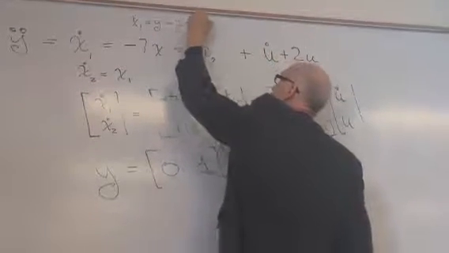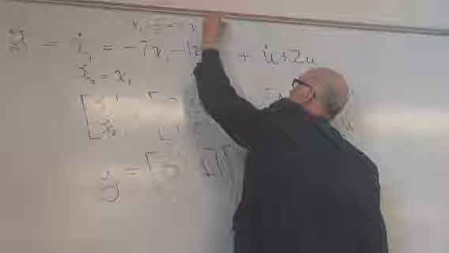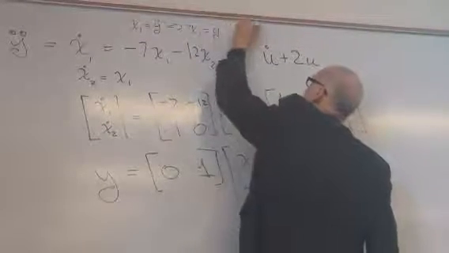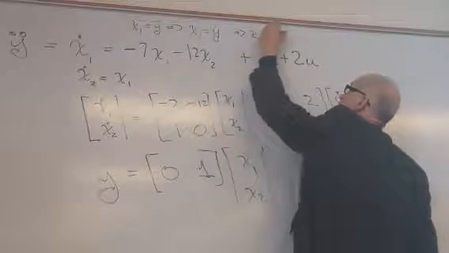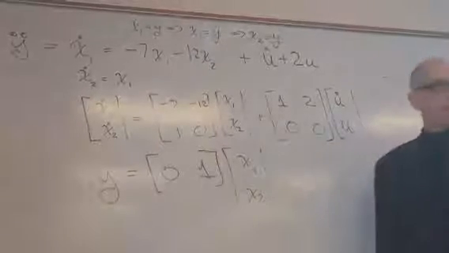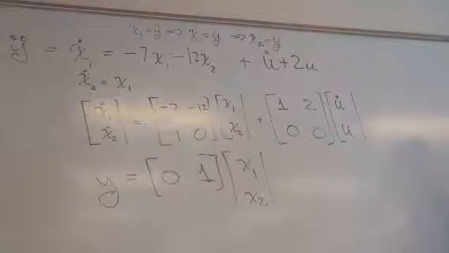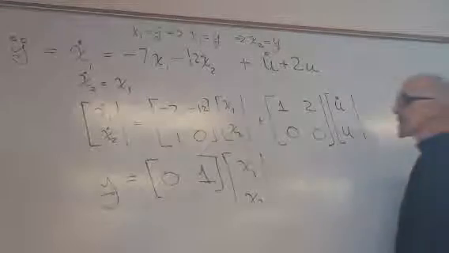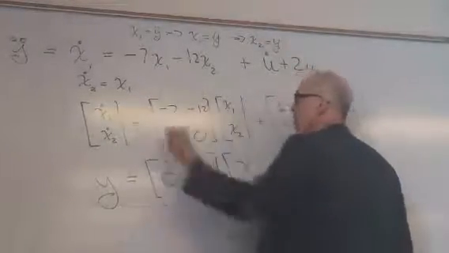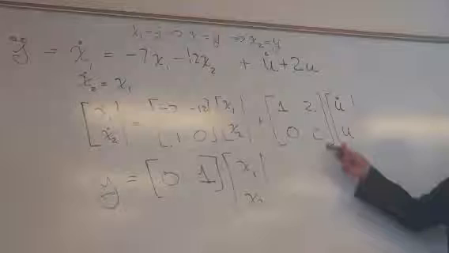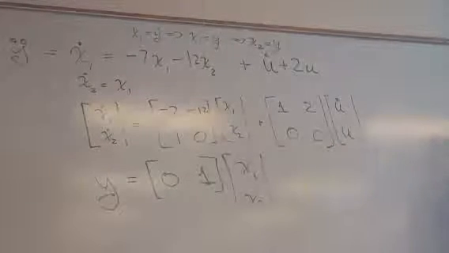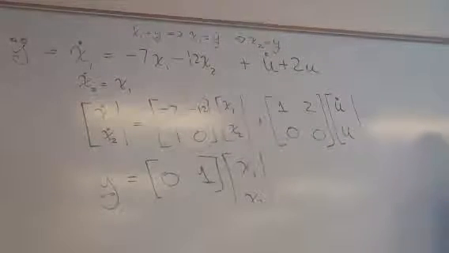So x1 is y dot. So x2 is y. Right? So we still have this kind of controller form for the A matrix, but we have a different B and C here. And this isn't wrong.